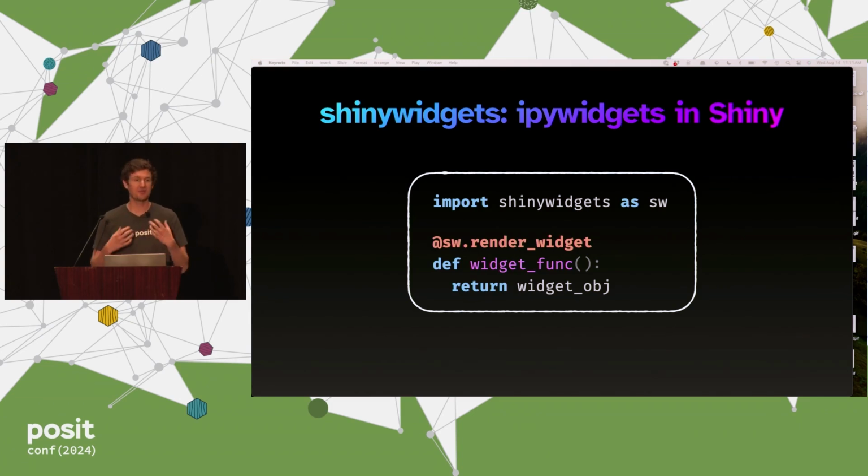All right, so let's get a feel for the code that you're actually going to write in order to use ipywidgets and Shiny. The first thing you're going to want to do is start by importing shinywidgets, and then use this render_widget decorator to create a rendering function. All you really need to make sure to do in this function is return a widget object.